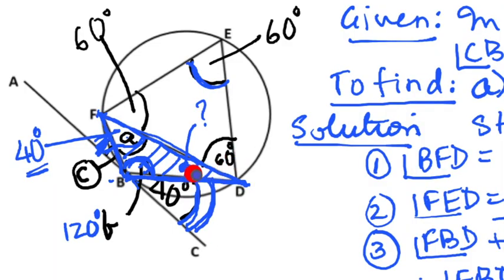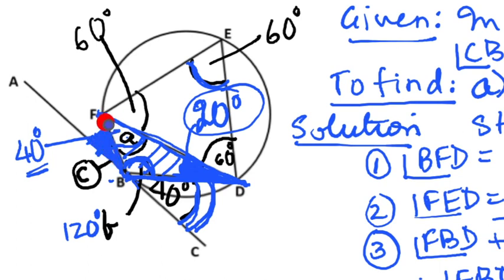So we have this angle over here. This is 20 degrees. And this angle over here, which I will shade like so, is equal to this angle. This angle is the angle between the chord and the tangent at the point of contact, and that is equal to this one in the alternate segment.